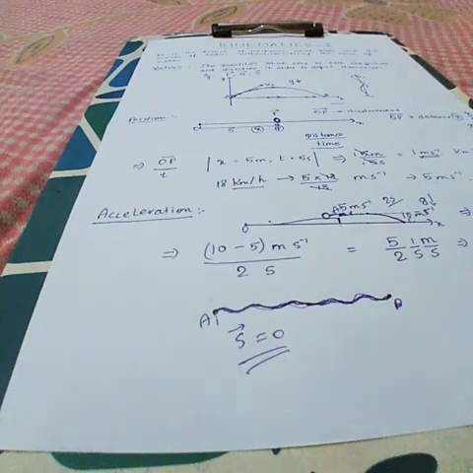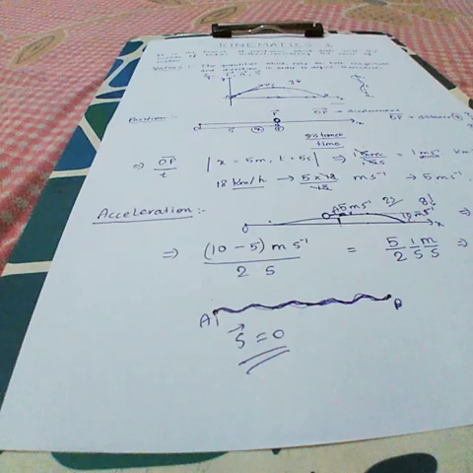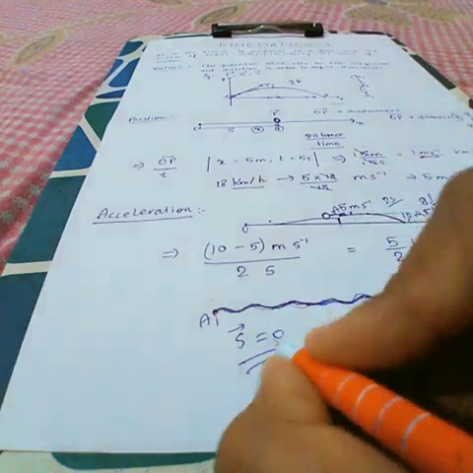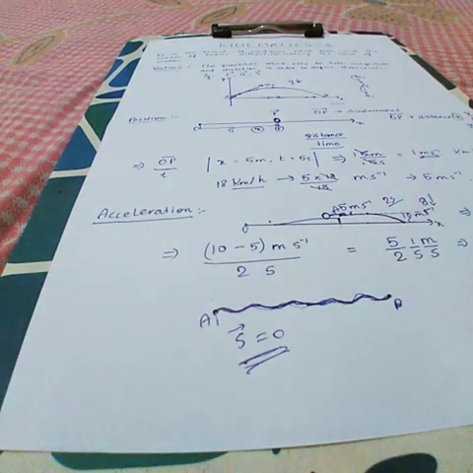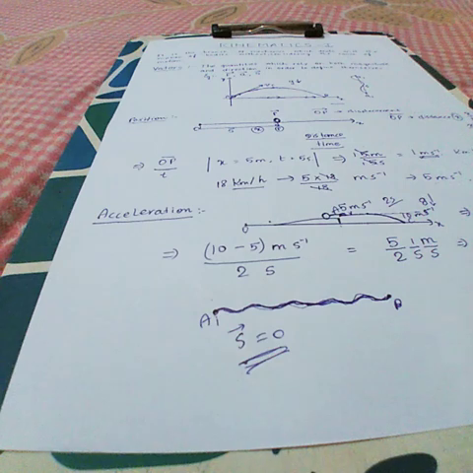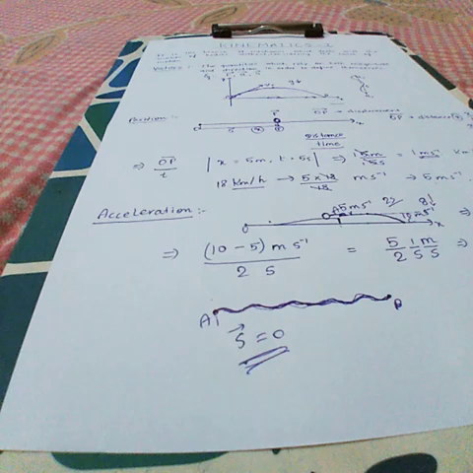So what's the change in position? It started from the same place and it again moved back to the same place. So the displacement will be 0. So this was a bit confusing question, but it helped us to build great concepts.